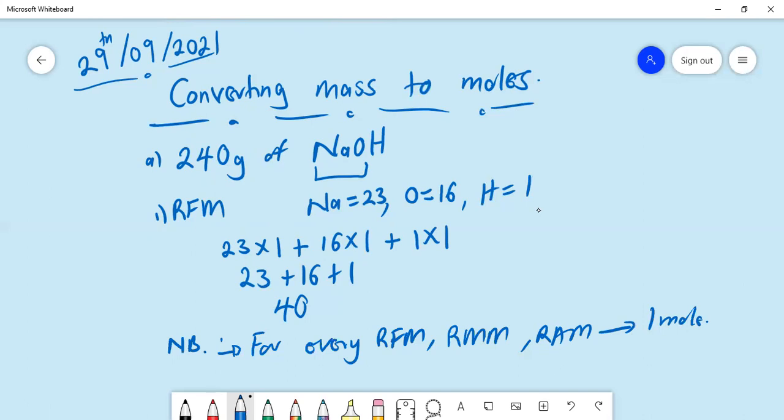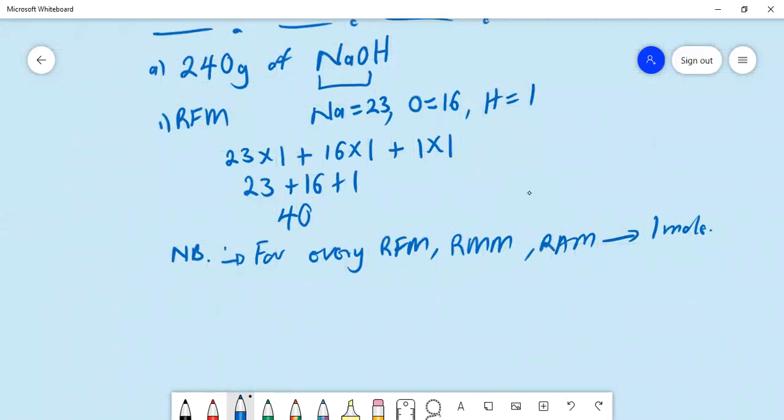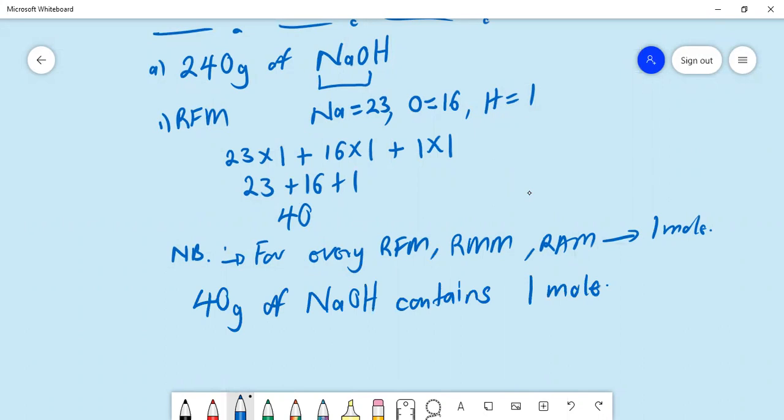That means 40 grams are in 1 mole. So we shall say 40 grams of sodium hydroxide. We shall not say weighs, because we cannot weigh the moles. We shall say contains the moles. So 40 grams of sodium hydroxide contains 1 mole.